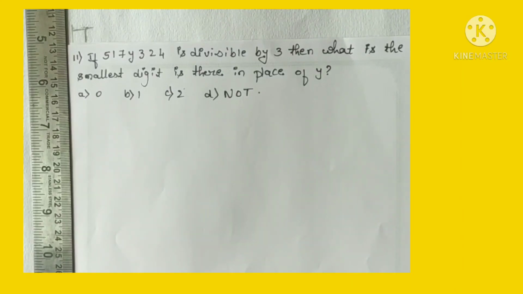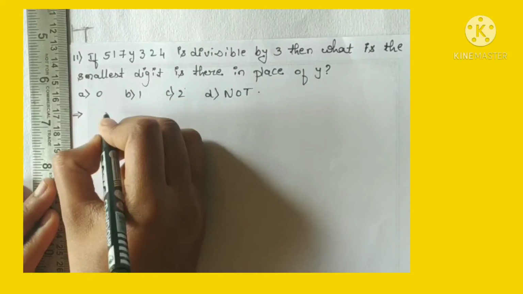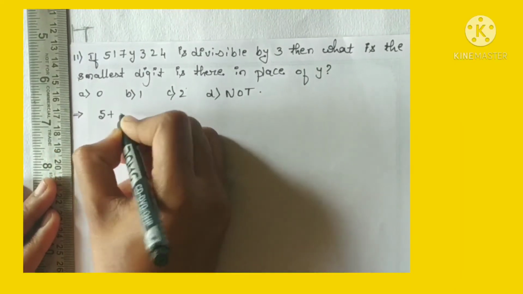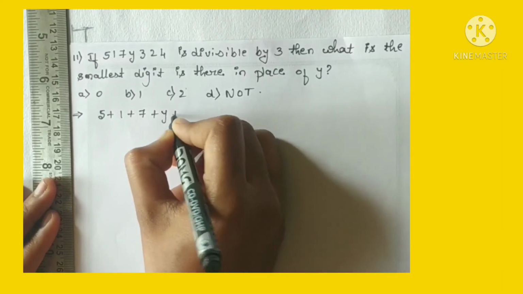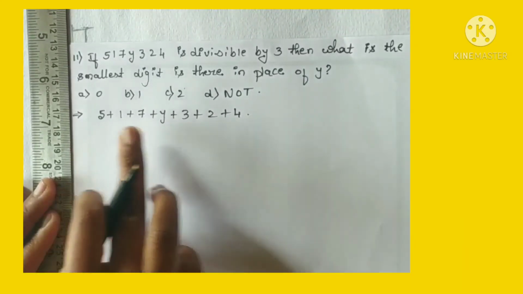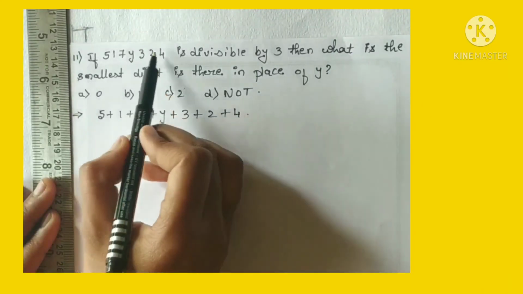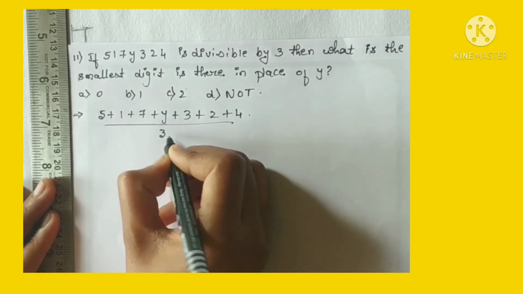Here I apply the divisibility rule of 3, that is, the sum of the digits divisible by 3. The sum of the digits means 5 plus 1 plus 7 plus y plus 3 plus 2 plus 4.